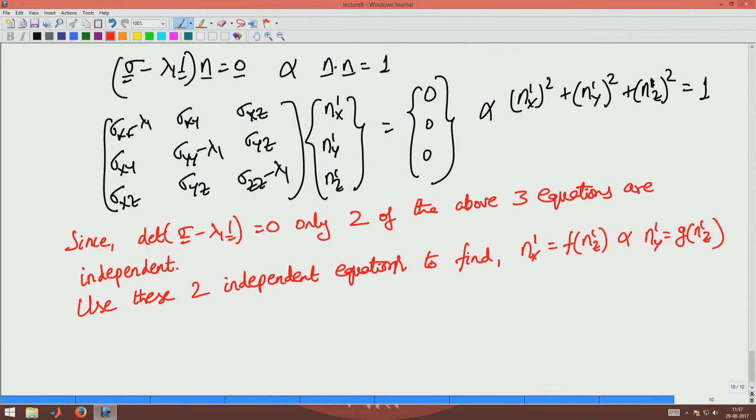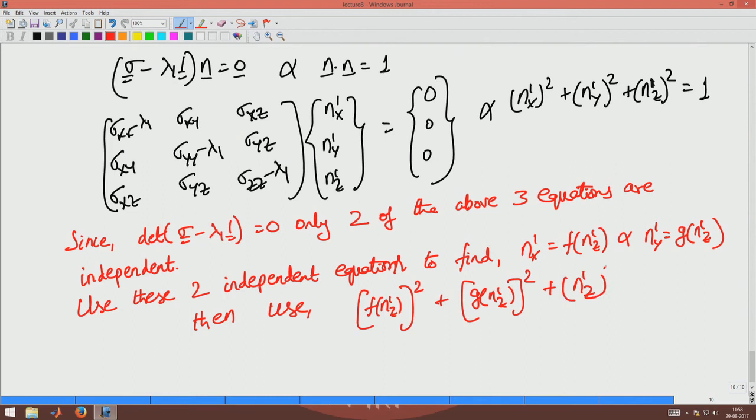Then you substitute for nx1 and ny1 these functions in this quadratic equation, and use f of nz1 squared plus g of nz1 squared plus nz1 squared is equal to 1 to find nz1. That way you will find all the 3 components of the normal.